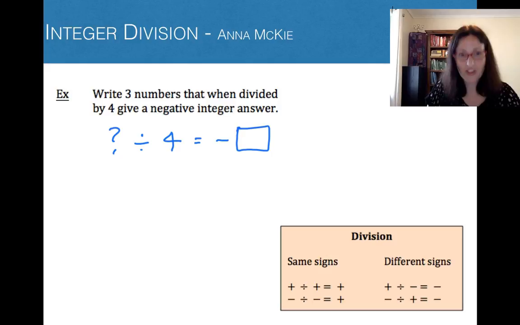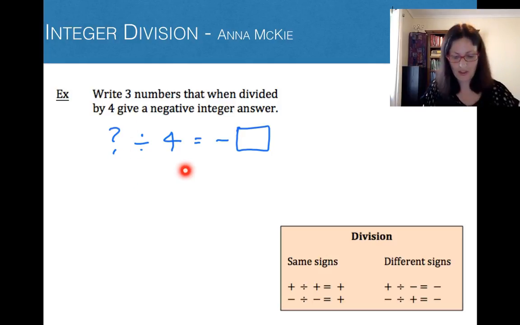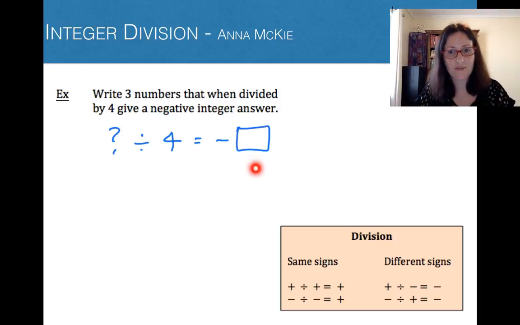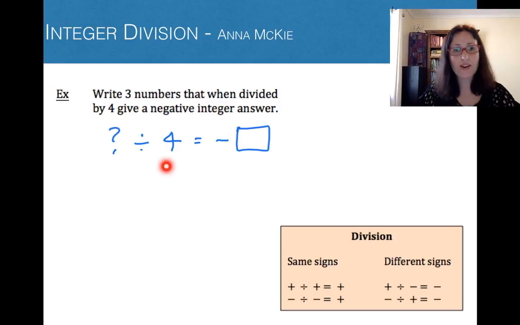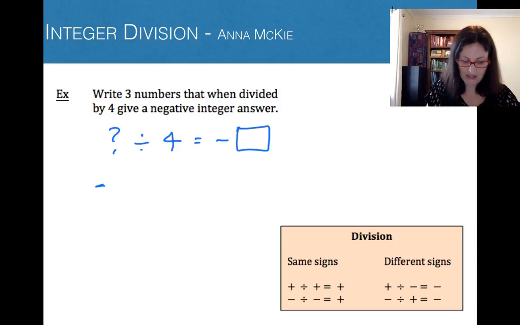So let's think about what this number could be that when divided by +4, you will get a negative answer. Well, using this box here, if we want to end up with a negative number, therefore we have to have one positive number and one negative number. We know that the 4 is positive, so therefore this number here must be a negative number. So perhaps we'll put a negative there, getting ready.